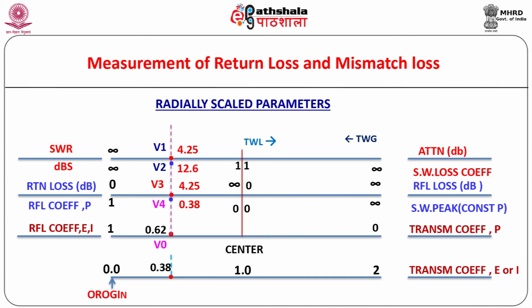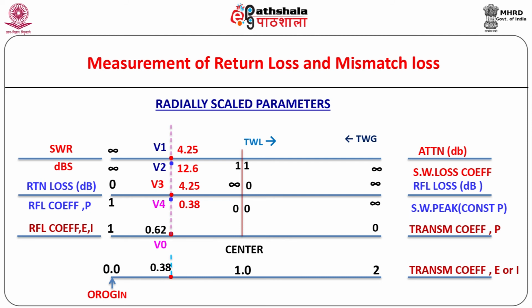Let V1, V2, V3, V4 be the points of intersection of the perpendicular line with scales marked with SWR, dBs, RTN loss in dB and RFL coefficient P respectively. Note the numbers at these points from the scales.